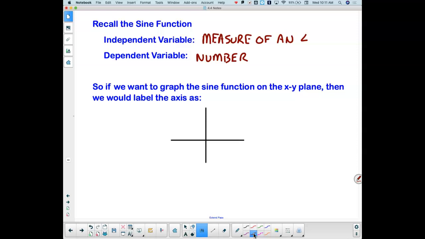Angle measure would be the x, because your independent variable is the x. So this down here is going to be your angles. Okay. And then our y's are going to be numbers.